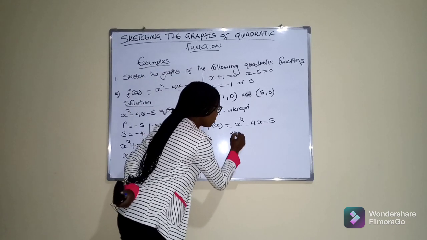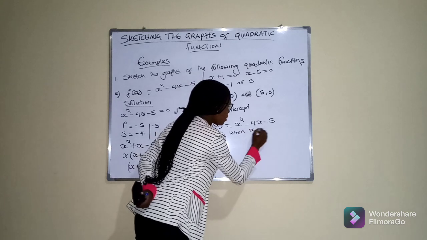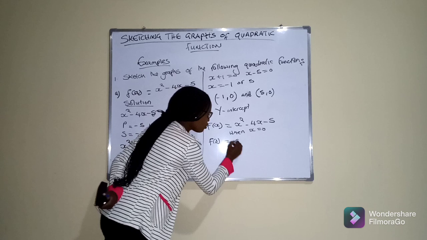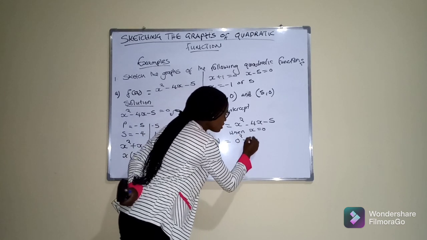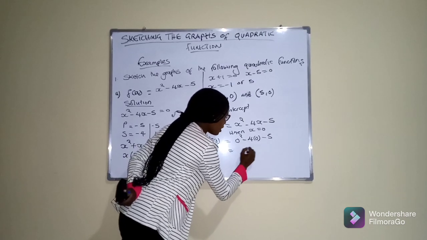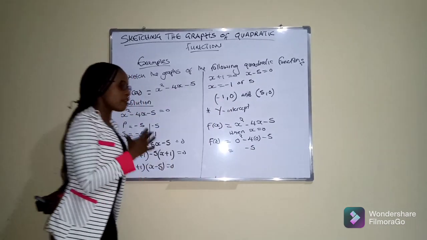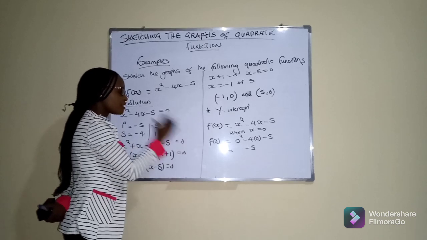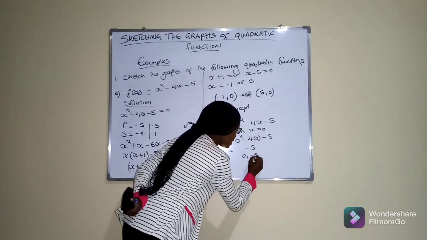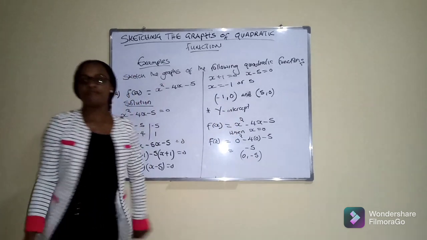So when x is equal to 0, f(0) is equal to 0 to the power 2 minus 4 multiplied by 0 minus 5, and the answer here is negative 5. So when you write this in coordinate form, this is (0, -5).